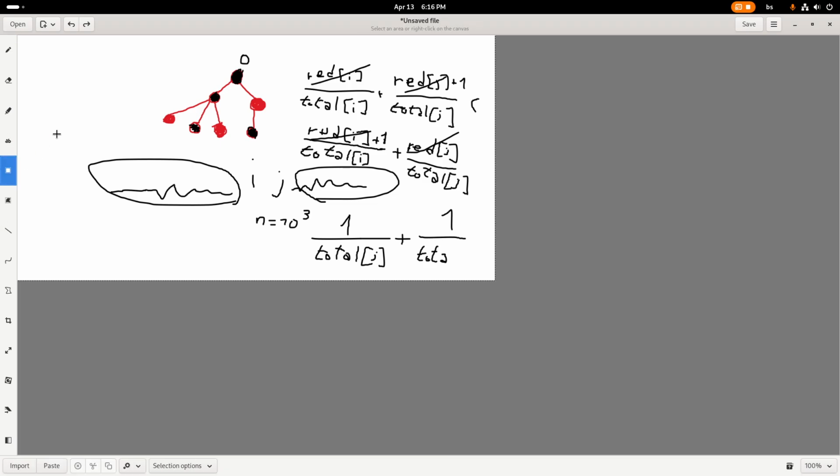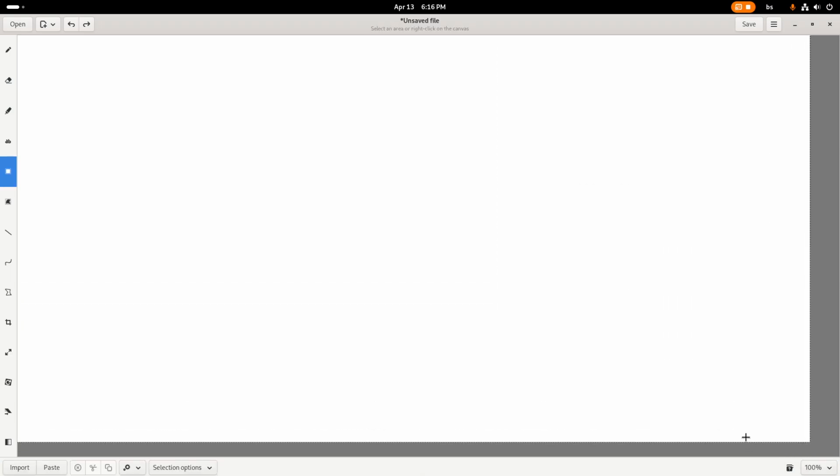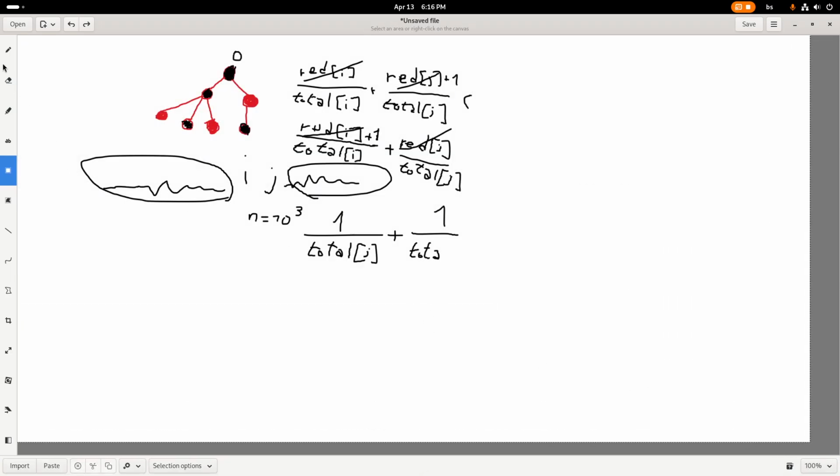Okay, I'll probably do something like this, then scale, then paste this again. Okay, yeah. Total of J. Yeah, no, this is incorrect, it's like the opposite.